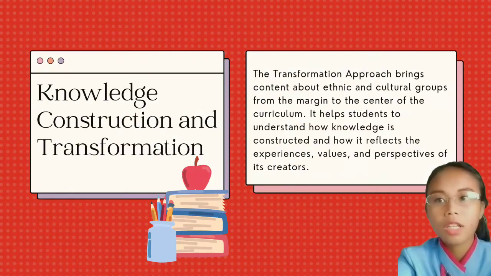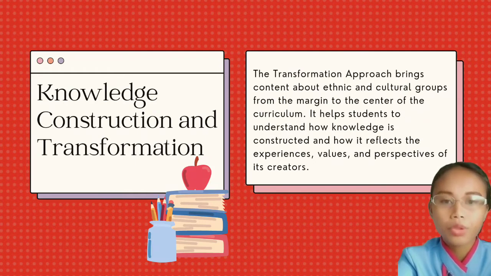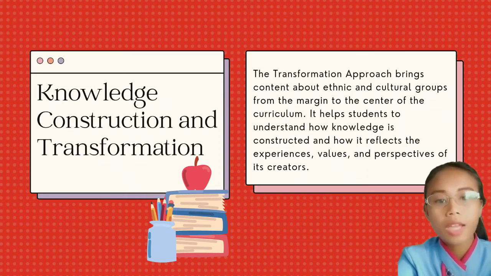Then we have the knowledge construction and transformation. The transformation approach brings content about ethnic and cultural groups from the margin to the center of the curriculum. It helps students to understand how knowledge is constructed and how it reflects the experience, values, and perspectives of its creators.